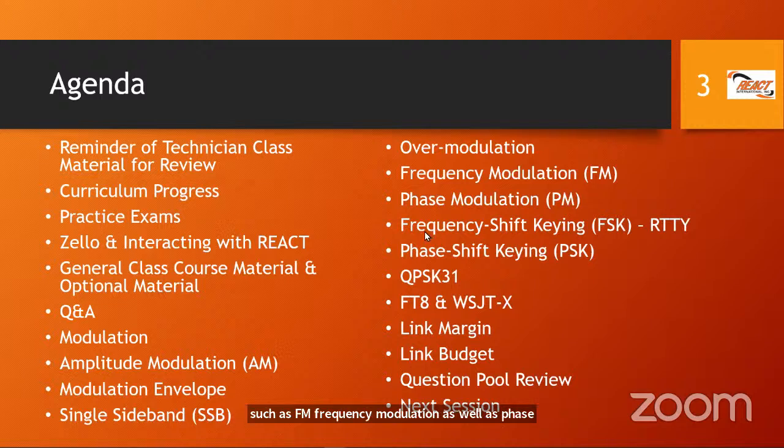Then we go on to some very specific frequency shift keying, or FSK, and then we'll talk about RTTY. Also phase shift keying, or PSK, and then we'll look specifically at QPSK31 as one form. Then we'll discuss what FT8 mode is and the related software, WSJT-X. Then we'll go on to some discussion on digital signals, measurements, and one concept, link margin, and the other concept, link budget. Then, of course, we will end with our usual question pool review.